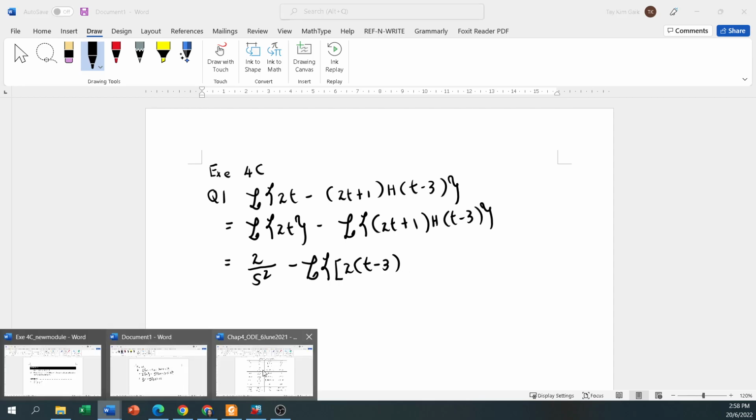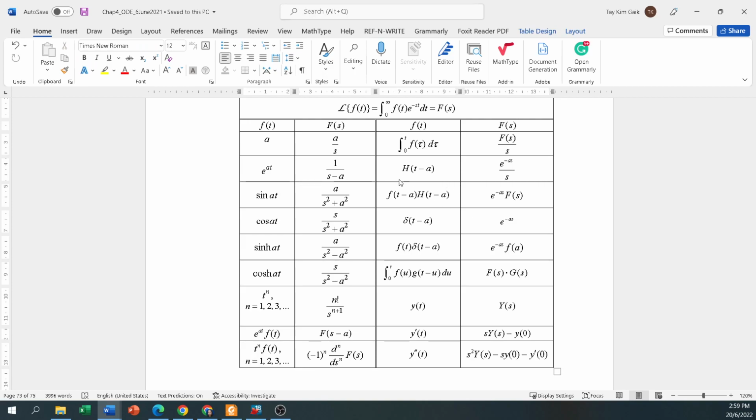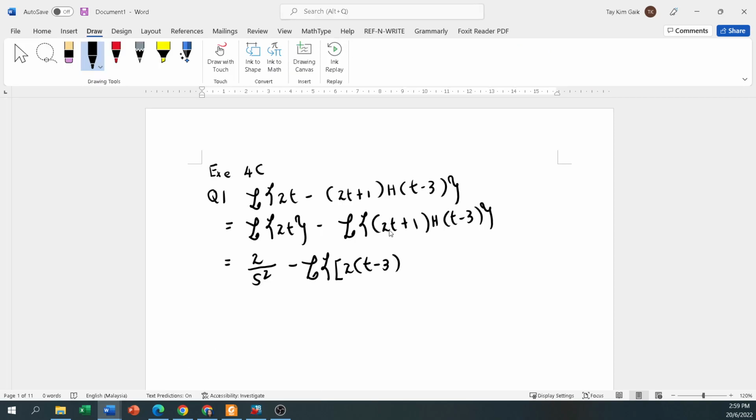In order to use the second shift property, if you see the function f(t) h(t - a), you must have f(t - a), so that its Laplace transform will be e to the power negative as times F(s). That's why here we need to change t to t - 3.